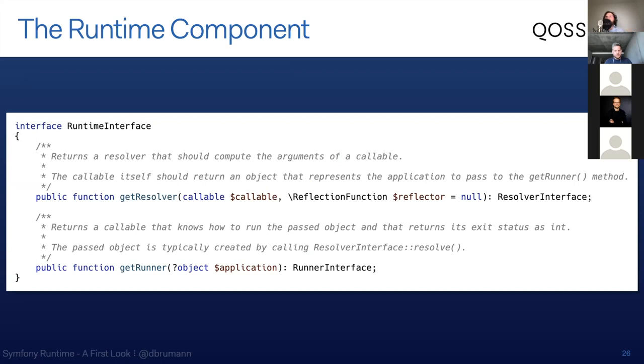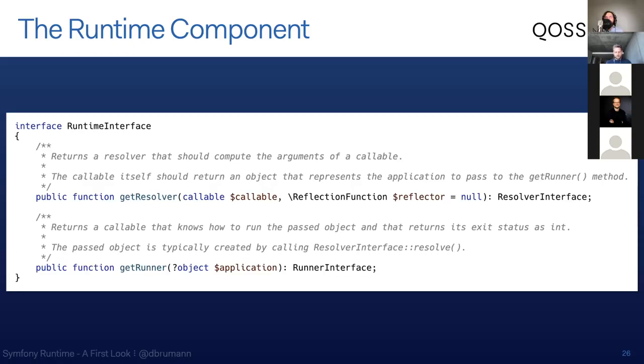Basically what this does is it makes sure that when your callable returns something or requires some options, those options are set, and it will make sure that it can be resolved into something meaningful for your runner.